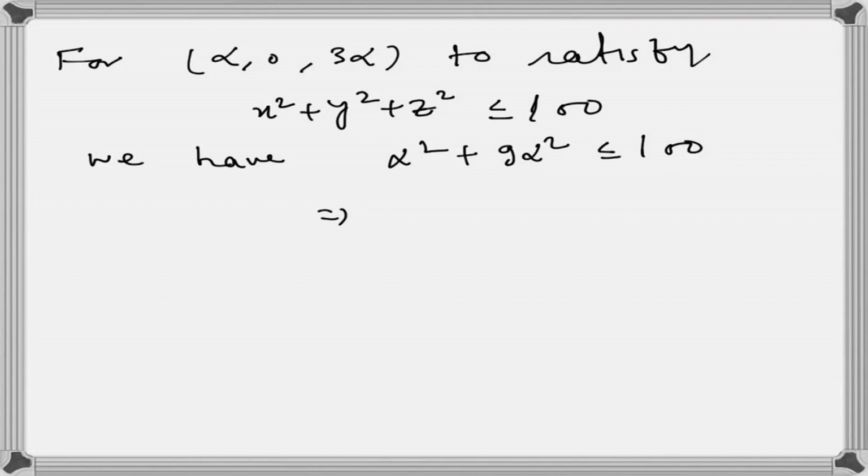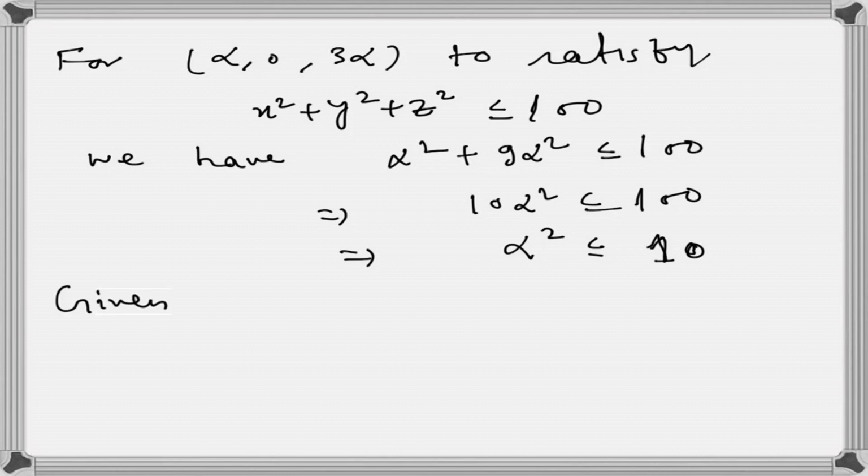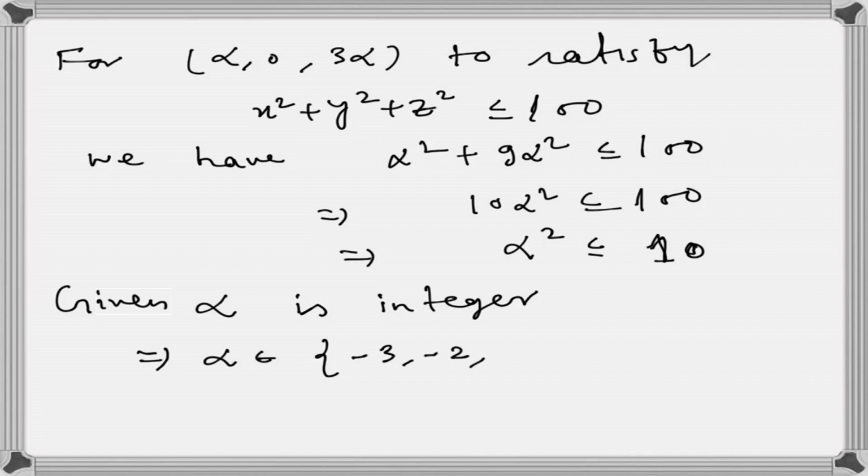This implies that 10 alpha square is less than or equal to 100. This implies alpha square is less than or equal to 10. Okay, given alpha is an integer, this implies alpha should belong to minus 3, minus 2, minus 1, 0, 1, 2, 3.